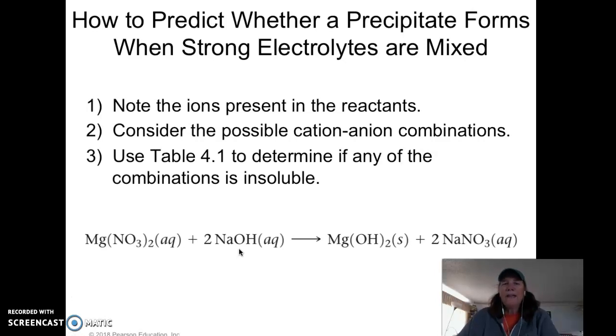This one we can kind of tell because look, we got an S there, so we know this is a precipitate. It's kind of cheating, but you won't know that when you do these. But you look on the chart and it'll say nitrates are soluble. And it'll say hydroxides, some might be soluble, some might not, but magnesium hydroxide is insoluble. So here is a precipitate, so we know this chemical reaction occurs.